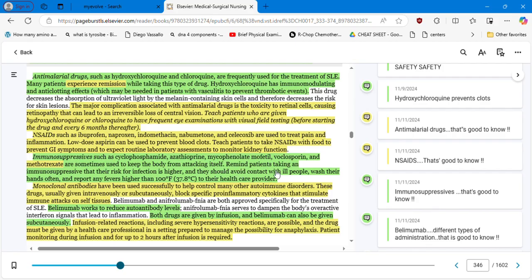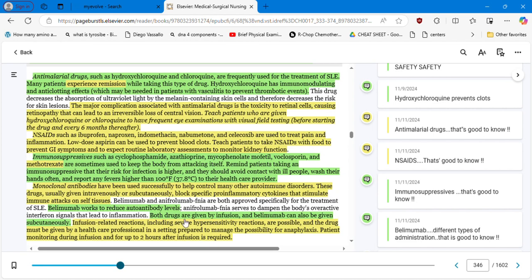Remind patients taking an immunosuppressive that their risk for infection is higher because the drug is going to kill not only the bad cells but also the good cells. And we need to worry about killing the good cells, our good soldiers. They should avoid contact with ill people, especially if they are going to be out of good soldiers. So wash their hands often and report any fevers higher than 100 degrees to the PCP.